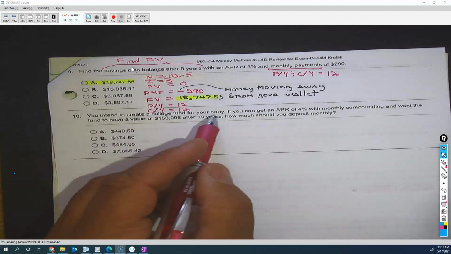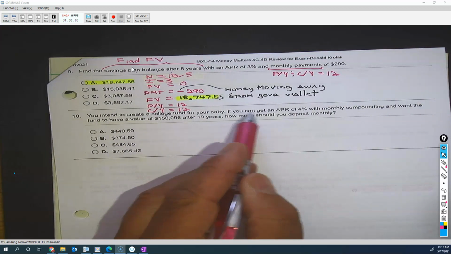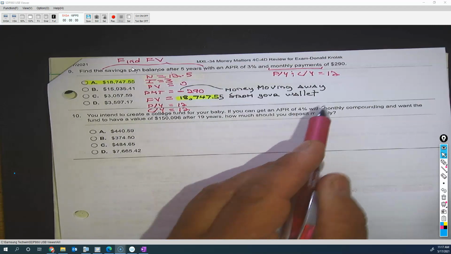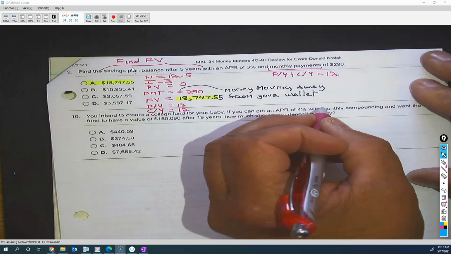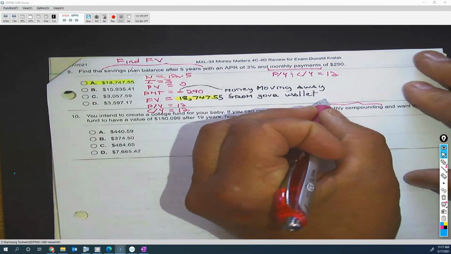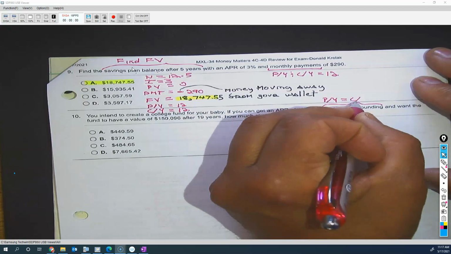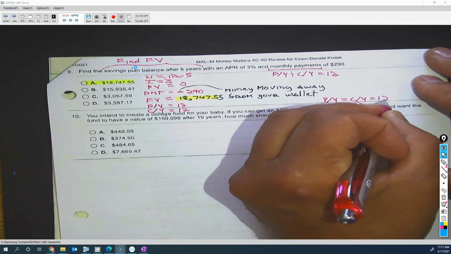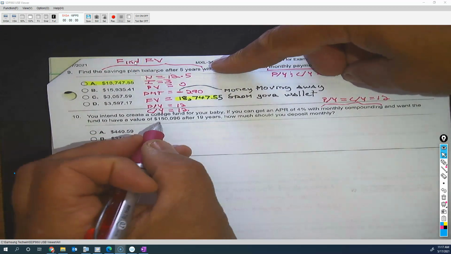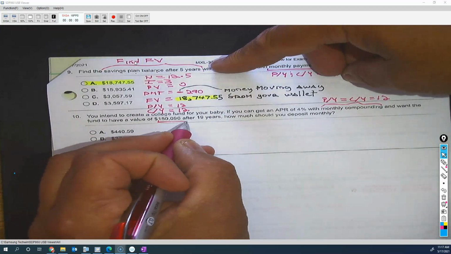All right, last one. You want to create a college fund for your baby. If you get an APR of 4% with monthly compounding, so there's monthly, so P/Y, C/Y 12. Okay, you want to have a fund of 150,000.